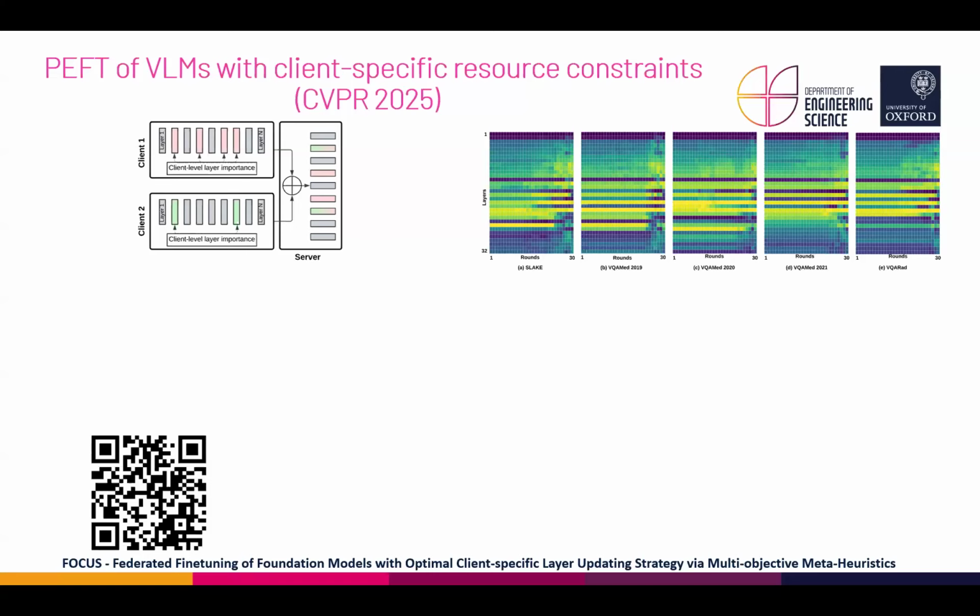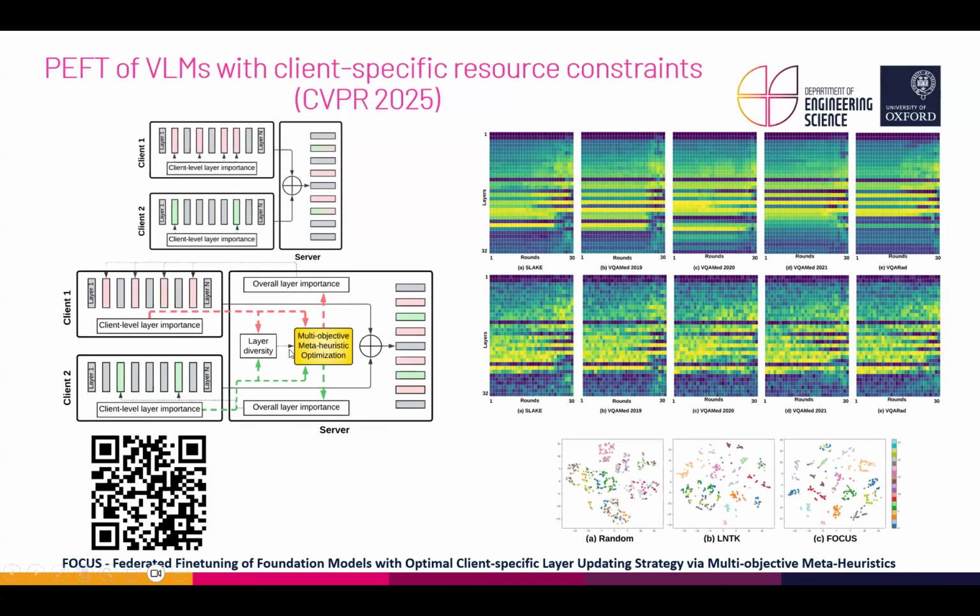So that's why we add another component on the server side, where we say we not only want to use the client-level layer importance, but we also want to use a concept of layer diversity. We want to encourage the clients to select diverse layers, not the same layers across all the clients.